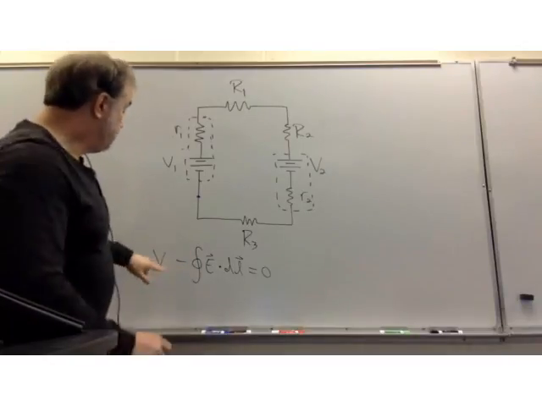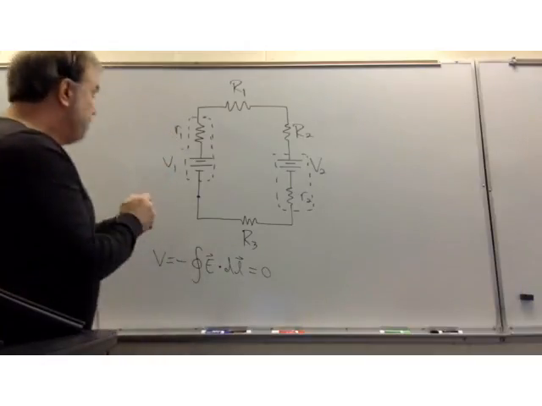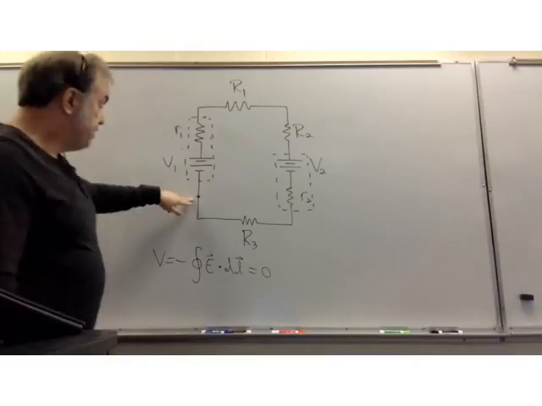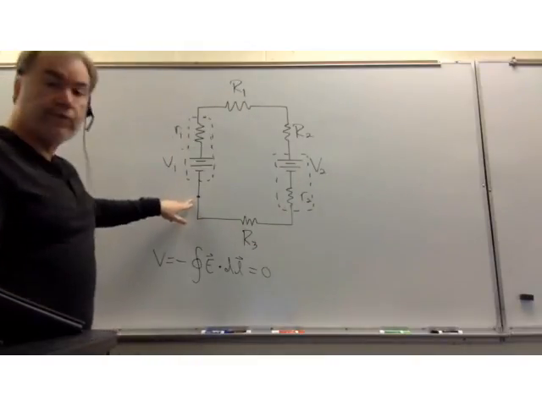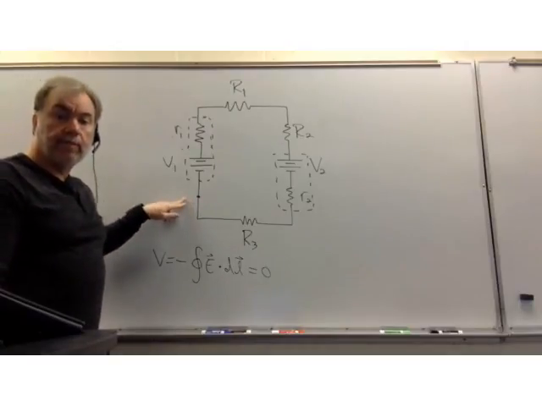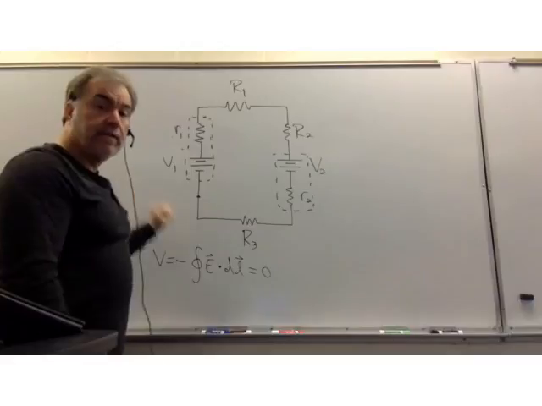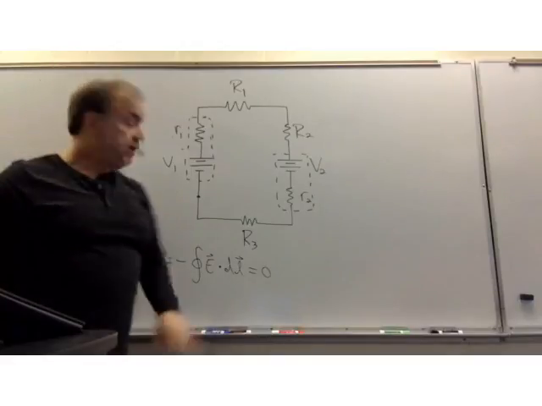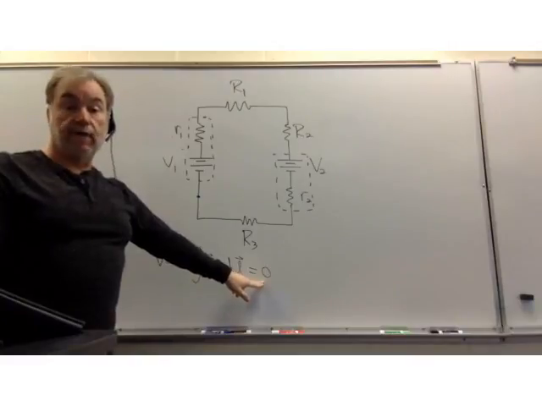And so basically, V is equal to that. So what I'm saying here then is that as you traverse this circuit, go from a point on the circuit, traverse the entire circuit, and return to that same starting point, the net change of potential in that trip around the circuit is 0.